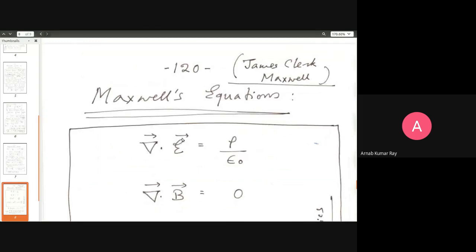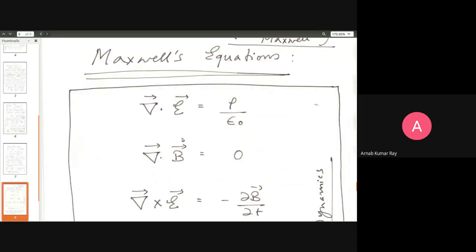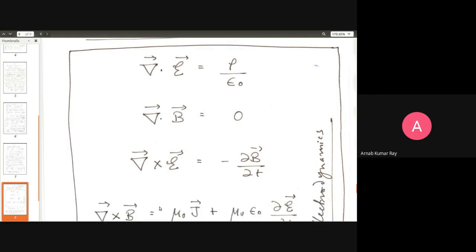What did I tell you about the four Maxwell equations? That they are just two vector differential operators on two vector fields. The two vector fields are the electric field and the magnetic field, E and B. And the two vector differential operators are divergence and curl.